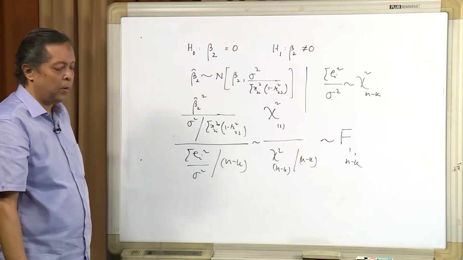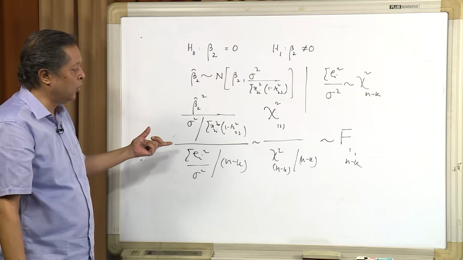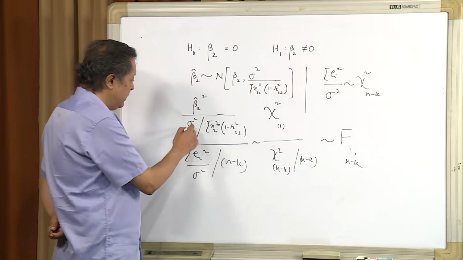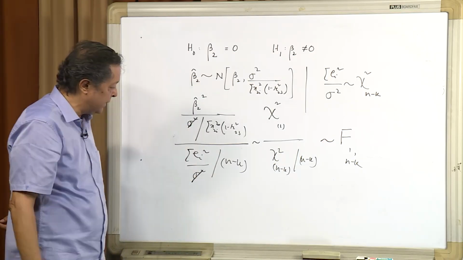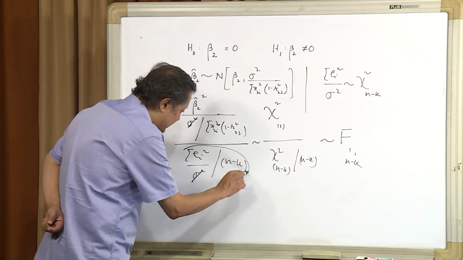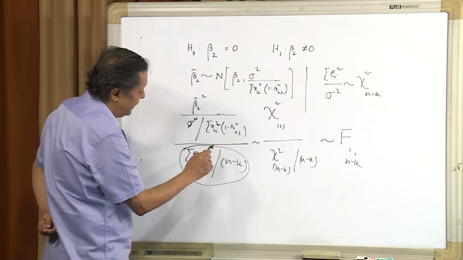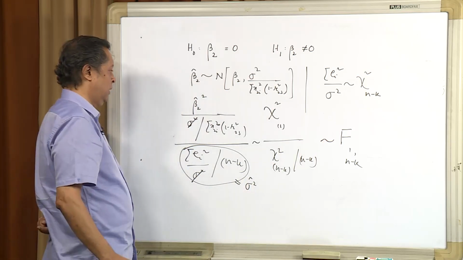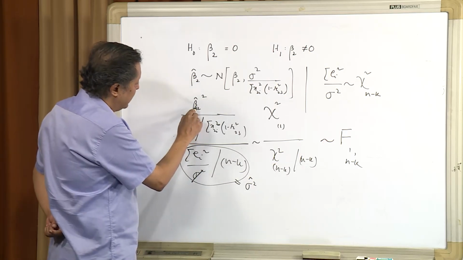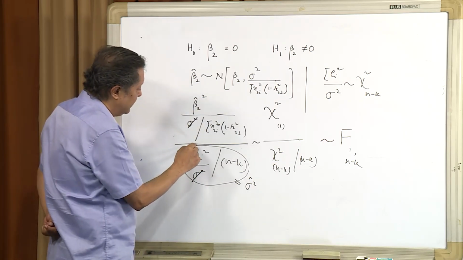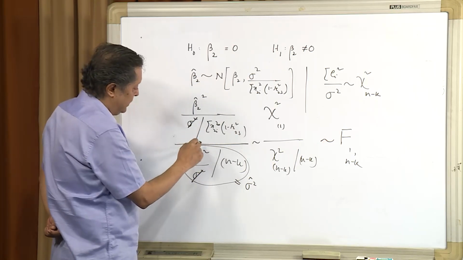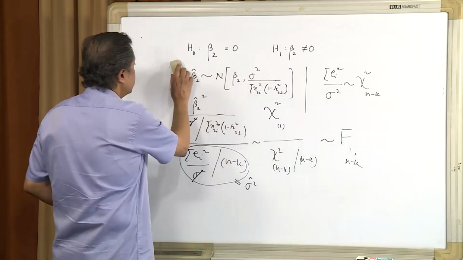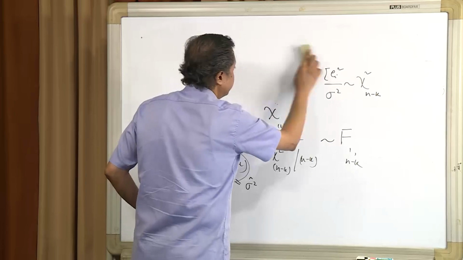And from basic statistical properties, the square root of this will follow a T distribution with n minus k degrees of freedom. But before that, note that these two sigma squares get cancelled, and this expression summation ei square by n minus k is nothing but the estimate of sigma square. So, we write beta 2 hat square divided by sigma square hat divided by this expression follows F. So, let us write that first and then we will move on to the T distribution.